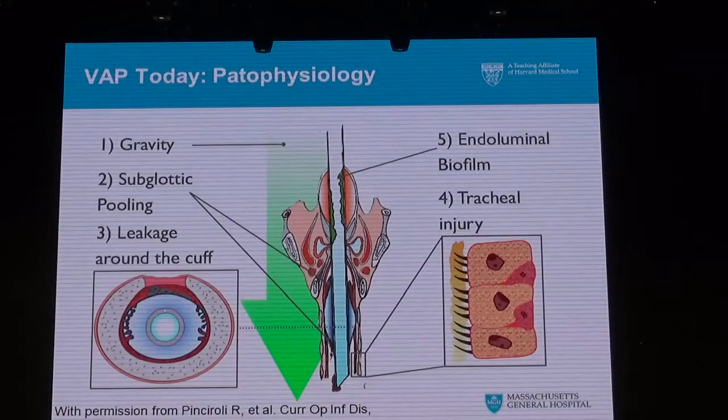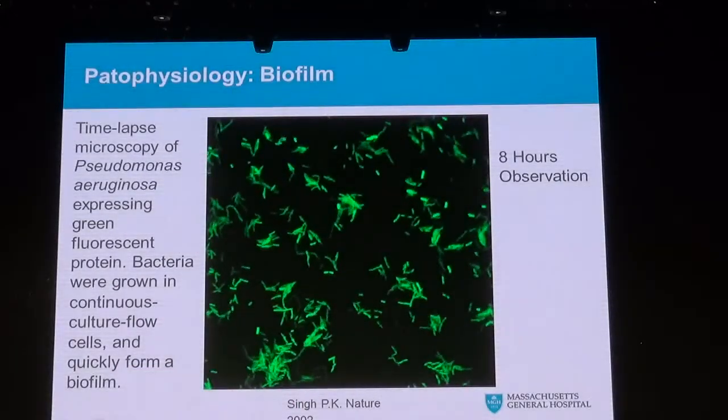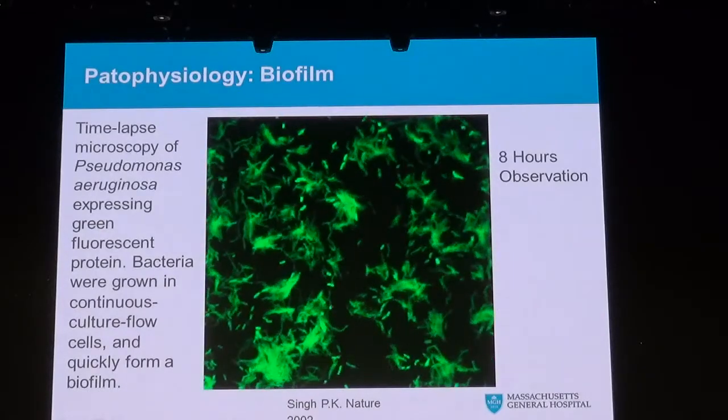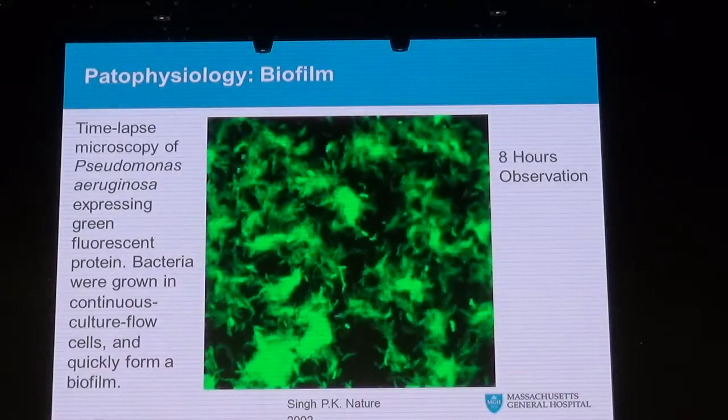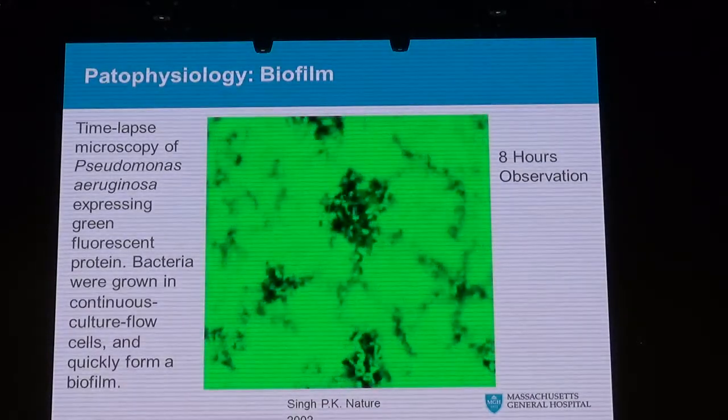But now let's move towards possible devices that actually help to decrease aspiration. This is Pseudomonas aeruginosa with a green fluorescent protein, growing on a substrate of polyvinyl chloride.